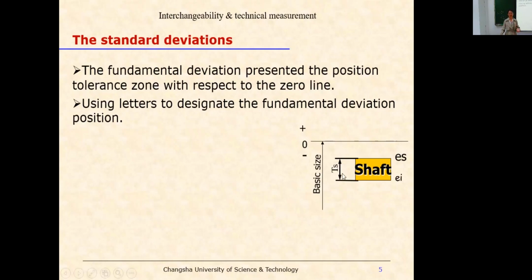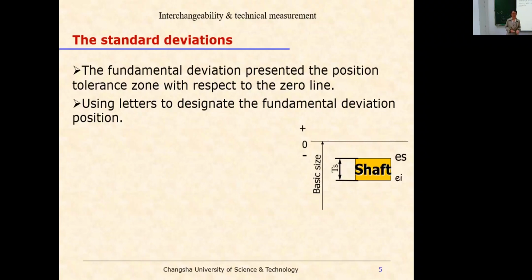I can give you IT7, and you know the tolerance, but you don't know the up deviation and the low deviation, right? So if you know one of the up deviation or the low deviation, you can know his position, right? His position is like this is 0, and you know this value, you know the position, right? So the fundamental deviation is the position deviation.